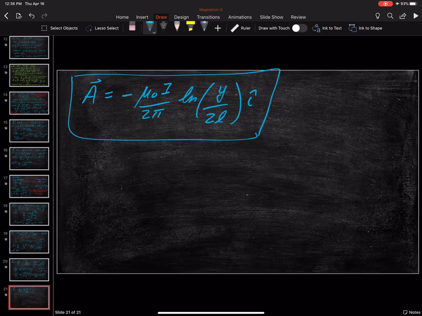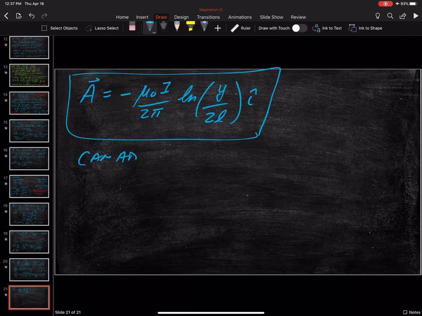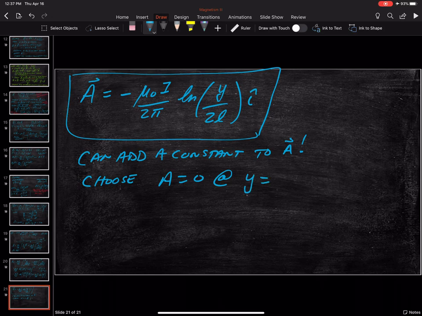Suppose you want to choose A equals 0 at some spot, at, say, y equals some distance, let's say r. Suppose, in other words, you've got your wire, which is traveling along here. You come out here some distance y, but you say, I want my A to be equal to 0 there. That's like choosing a voltage to be equal to 0 at some spot.